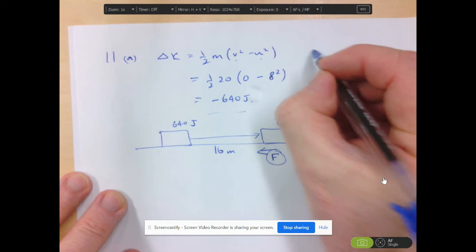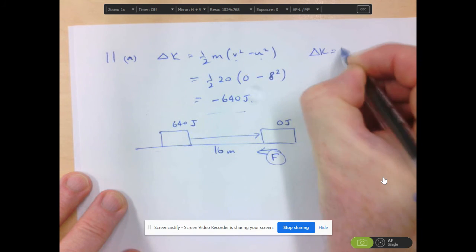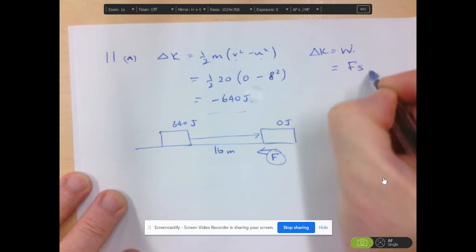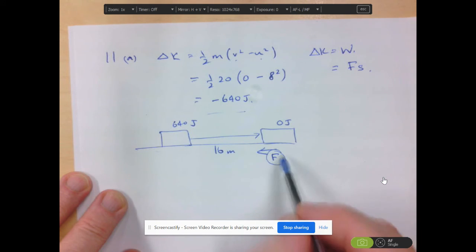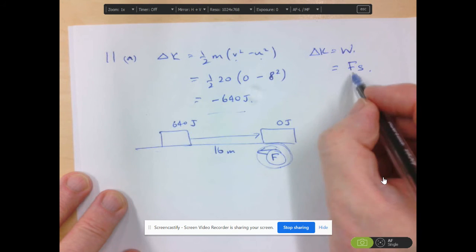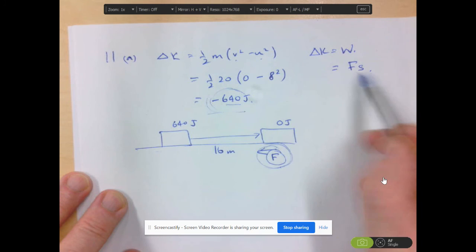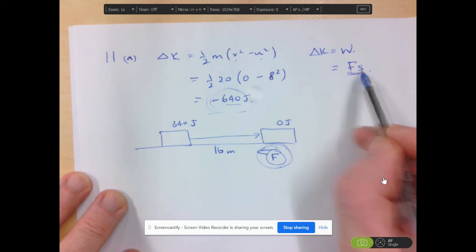Well, yes, because we know that delta K is equal to the work, and therefore delta K must equal force times displacement. Now, the force is acting in the negative direction.